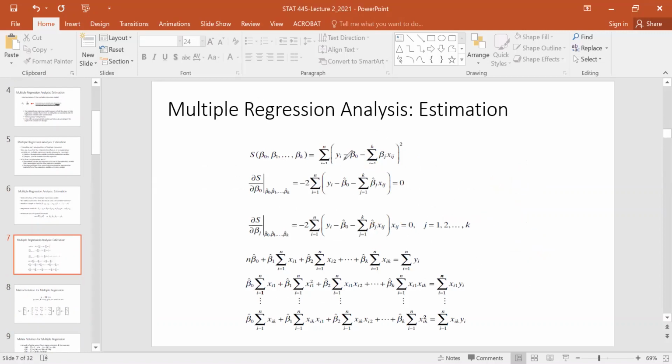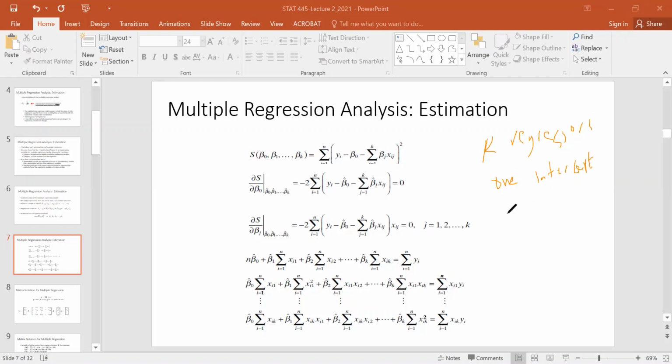Y minus beta 0 minus beta 1 xi1 minus beta 2 xi2, all the way to beta k xik. So there are k regressors, and not only one, k regressors, and then there's one intercept.